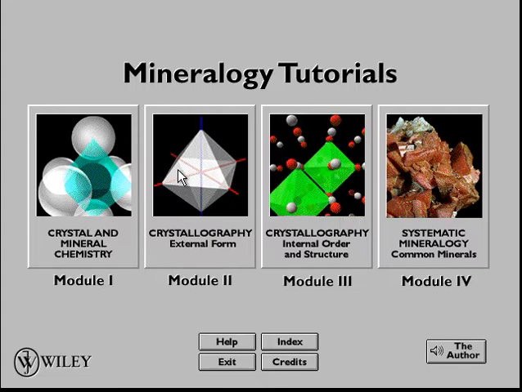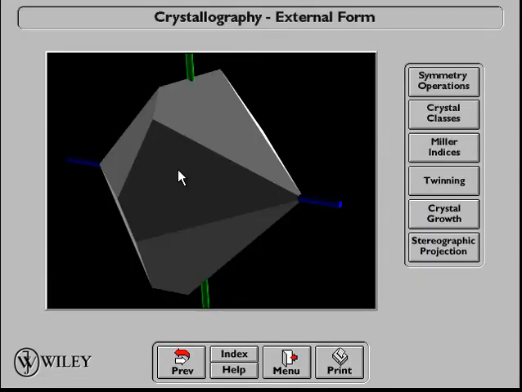So now we are going to module number 2 entitled Crystallography, External Form. When we are talking about crystallography and external form, we can subdivide our class in symmetry operations, in crystal classes.